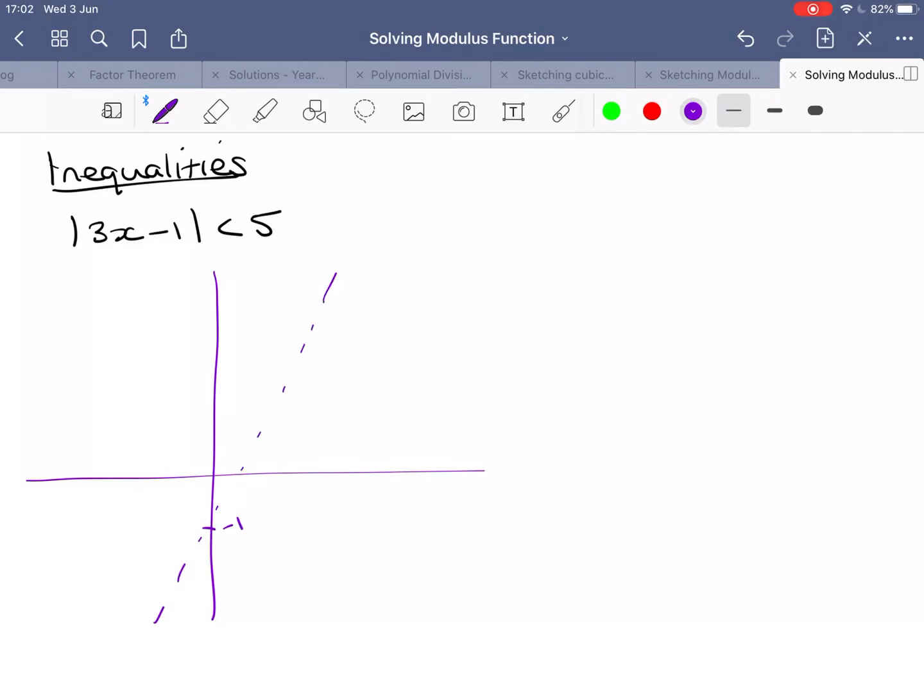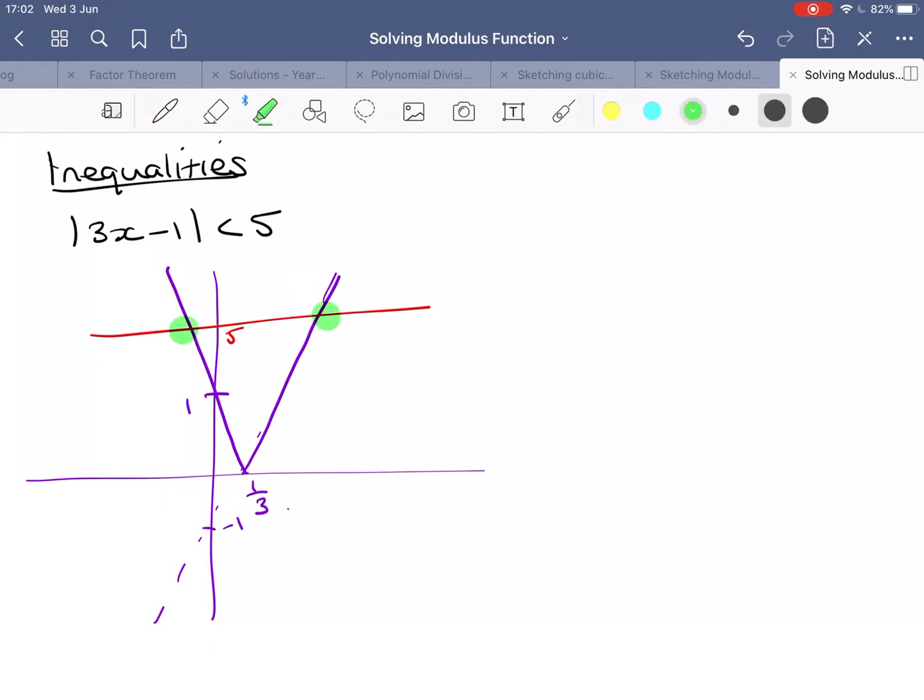I want the modulus version, so it's going to look like that, crossing at 1 and crossing the x-axis at 1/3. Then we want the line y equals 5, which looks there. I know the scale isn't brilliant, but it doesn't matter. And so I've got 2 points of intersection.